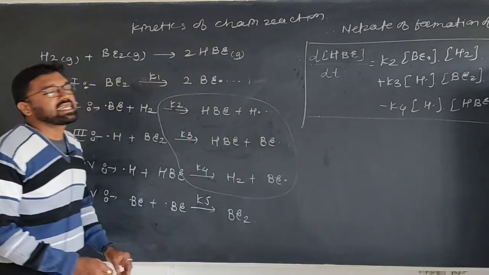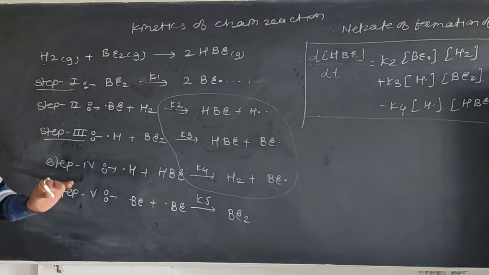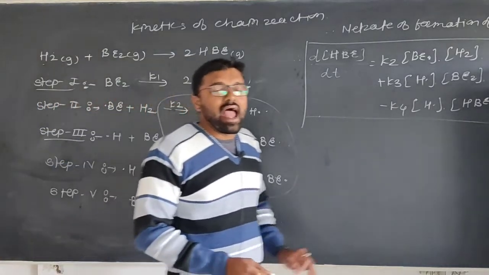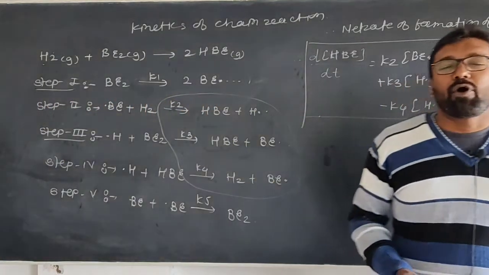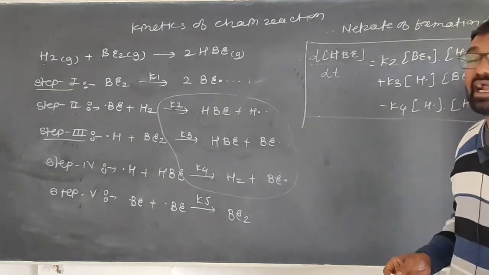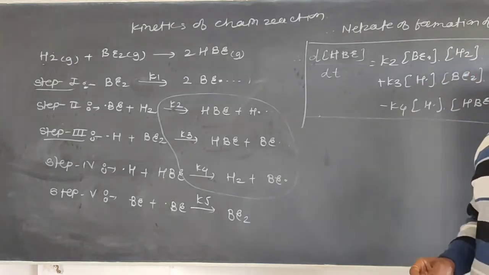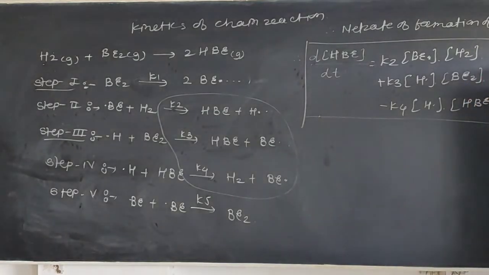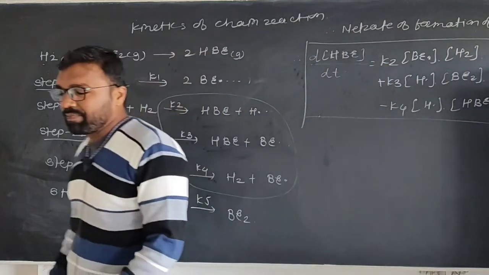Therefore, we can say that bromine and hydrogen free radicals, that is intermediates, are formed. And the net rate of formation of an intermediate is found by using the steady state approximation. Therefore, you have to apply the steady state approximation here.